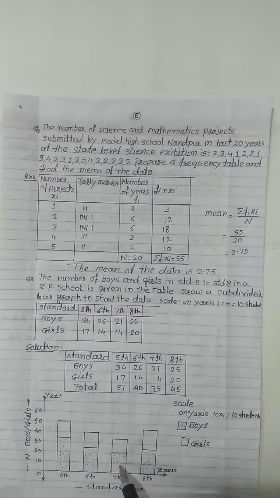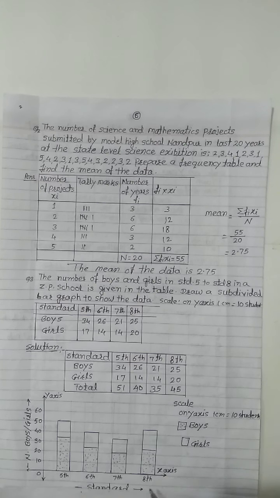We note that it is the boys. Then in the fourth bar the boys are 25: 10, 20, above 20 we take 5 small lines and shade it, that is the boys.